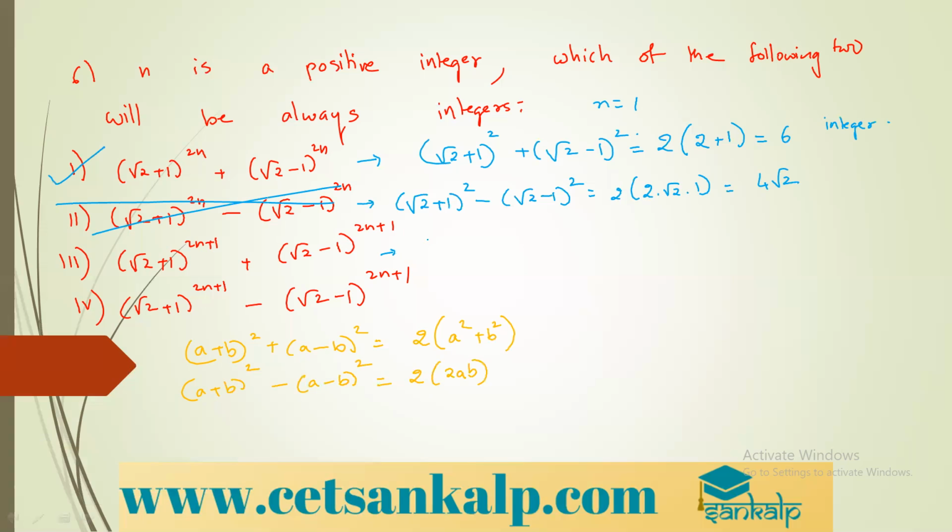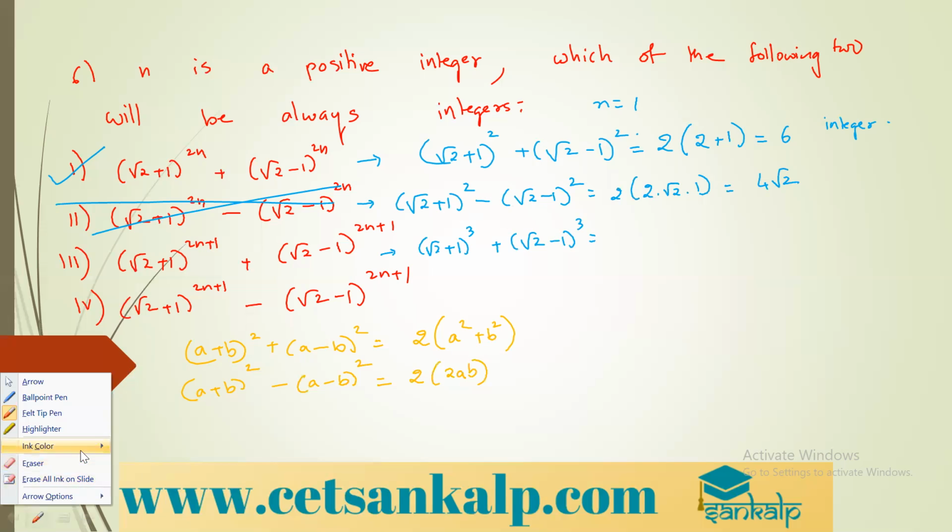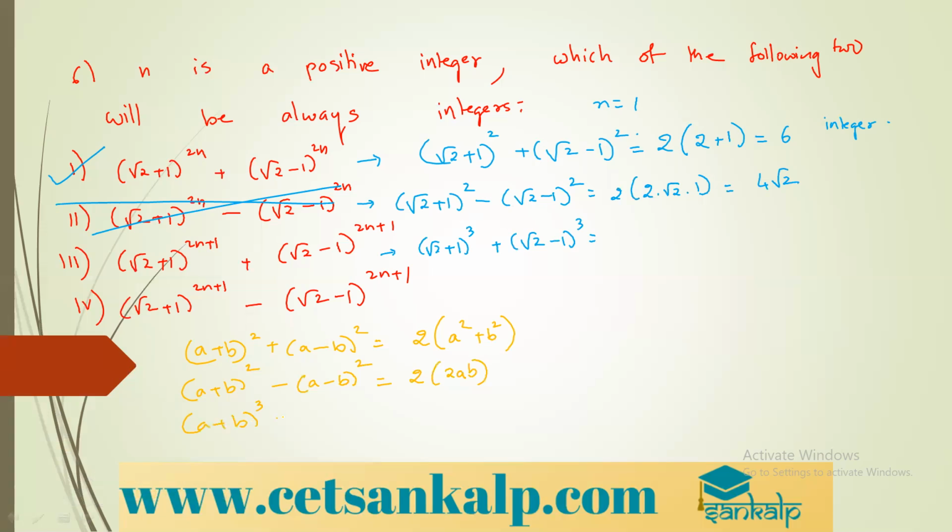Then third option, I have (root 2 plus 1) whole cube plus (root 2 minus 1) whole cube. So for this also we have a formula. (a plus b) whole cube plus (a minus b) whole cube will be 2 times (a cube plus 3a square b), and minus here I have 3a square b.